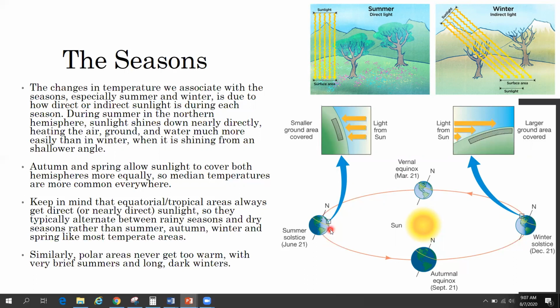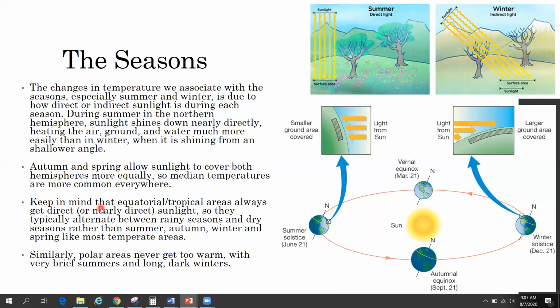The northern hemisphere for us points toward the sun during the summer, and that means that every square meter of ground, every cubic meter of air gets a lot more energy from the sun passing through it. So autumn and spring, of course, they're the more median seasons for the temperate areas. They allow sunlight to cover both hemispheres a little more equally, so median temperatures are more common everywhere.